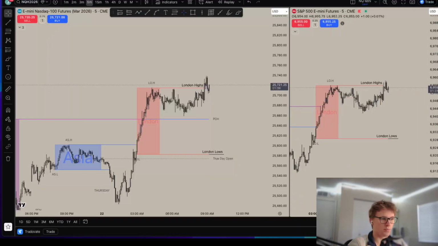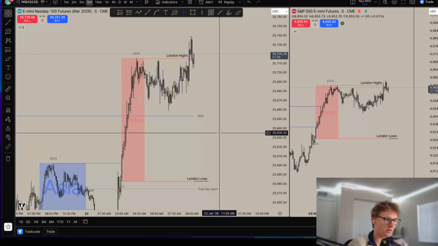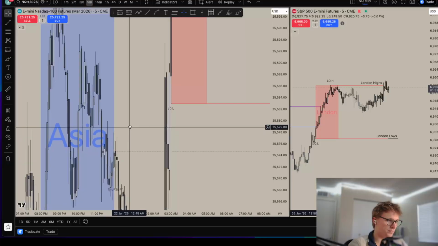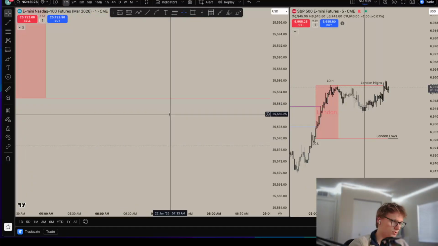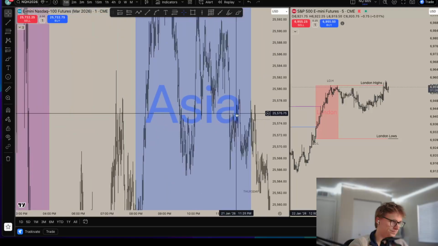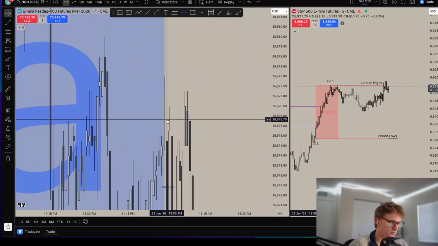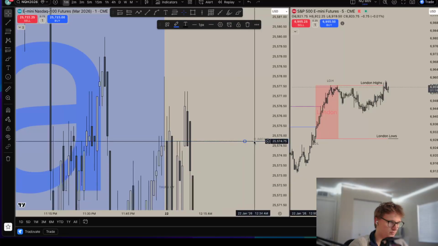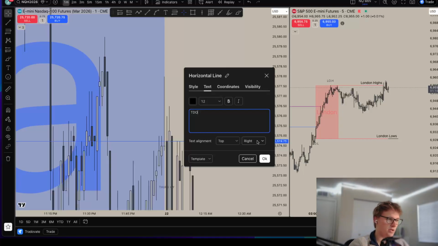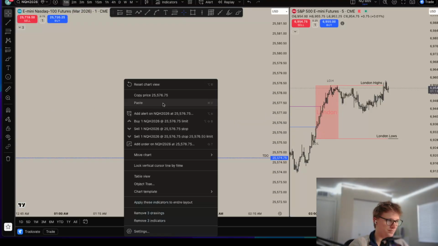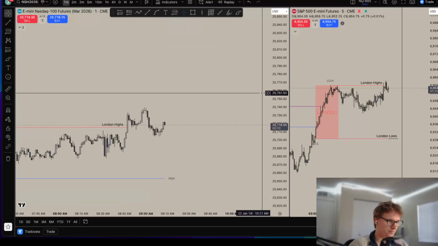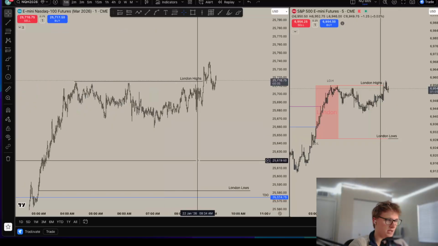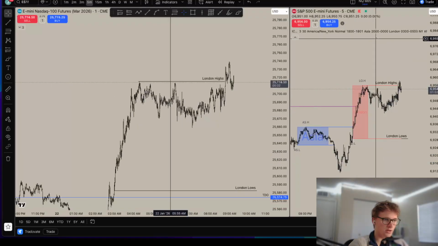So mark out true day open. Luckily our indicator already does have this for us, so it makes it easier. True day open right there. Okay, don't need this indicator anymore. Already got everything from that. I will mark true day open on ES here.